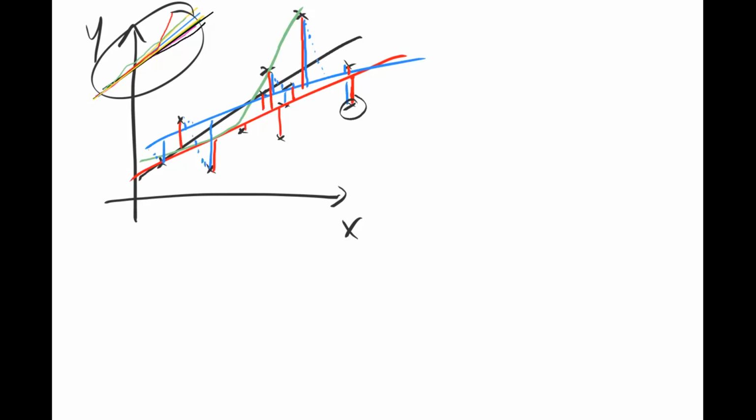And so that's part of the justification of why we do vertical, although it wouldn't necessarily be wrong to do it as perpendicular. It would just be a different metric, right? So here, looking at the vertical difference is one metric with which we decide that one line is better than another line.